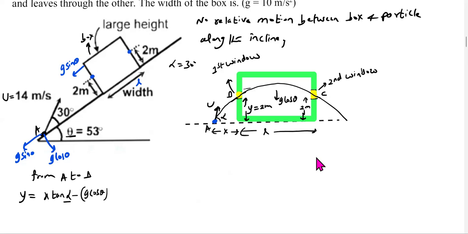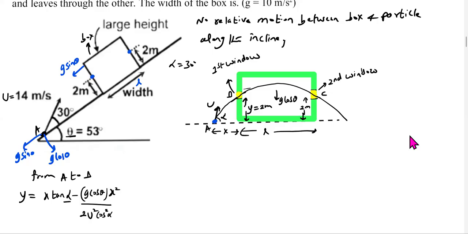In place of g, cos theta is there, and this is x square by 2 u square cos square alpha. So this is a basic equation. So what is the value of y? y will be equal to how much?